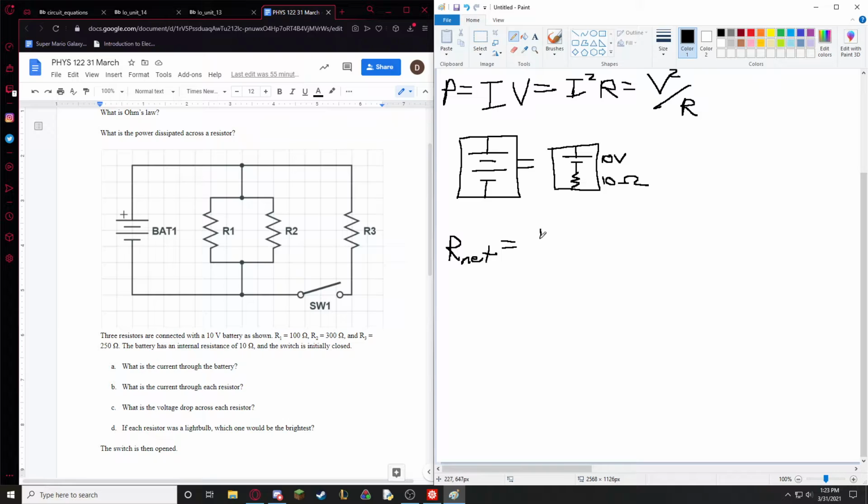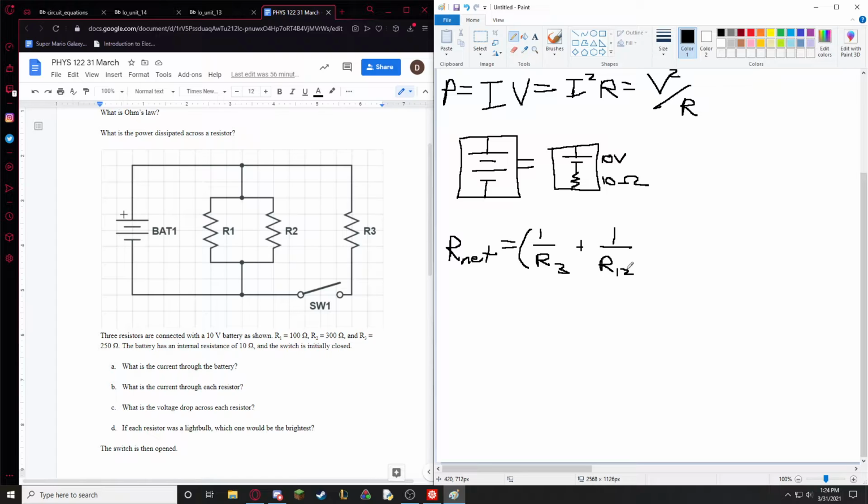So we do R12, and then R12 would also be parallel. Yeah, they would be parallel between each other.